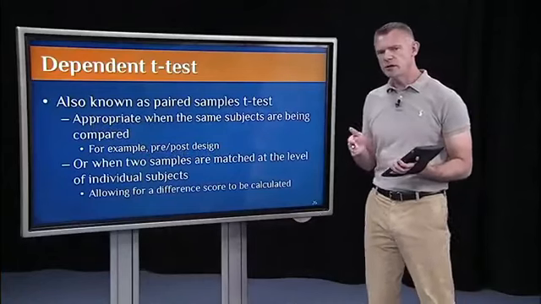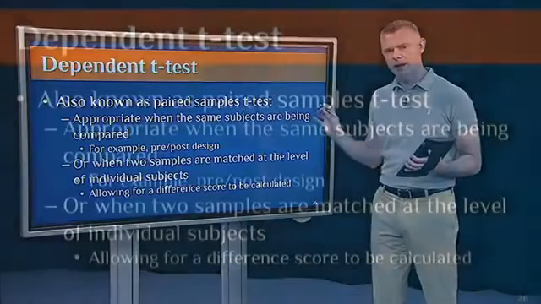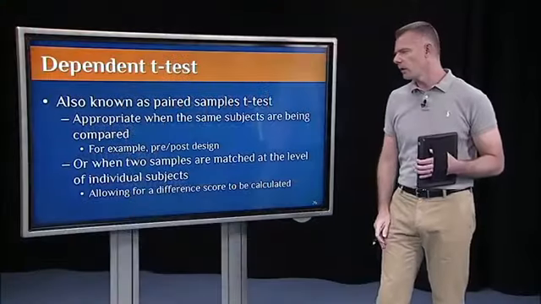So, as I mentioned in segment 1, a dependent t-test, which is also known as a paired samples t-test, you'll see that phrase in the R output. It's appropriate when we have the same subjects or the same cases, doesn't have to be people, measured twice, so we can calculate a difference score for each individual subject and then look at the mean difference score.